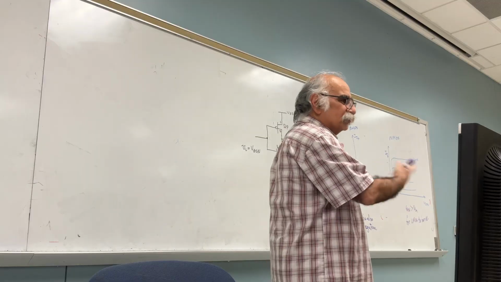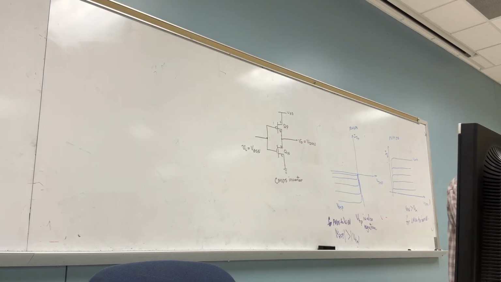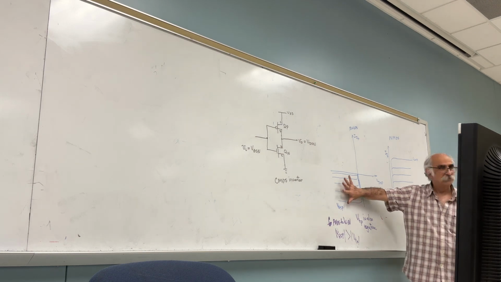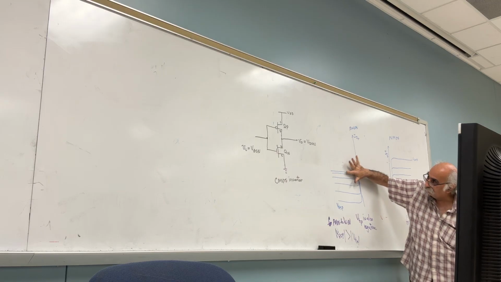Why? Because it's negative. By the way, all the equations for the PMOS and the NMOS are identical. The only difference is that in the PMOS, you need to put absolute value, because everything is negative. Clear? Okay, good. Where is the saturation region here? PMOS. This one, the triode, this one, the cutoff, this one.